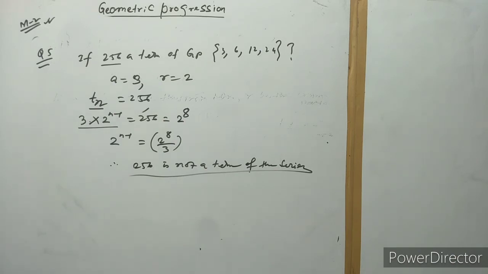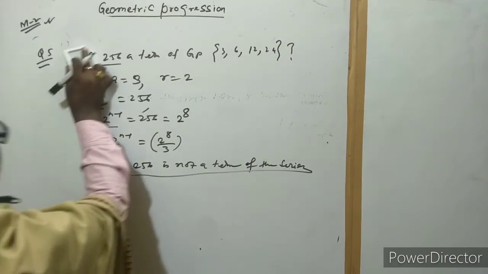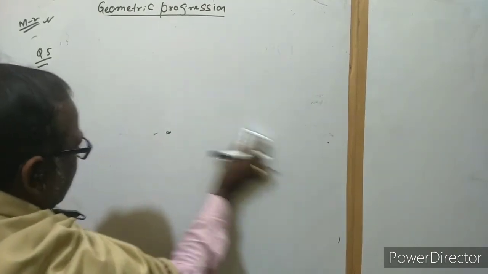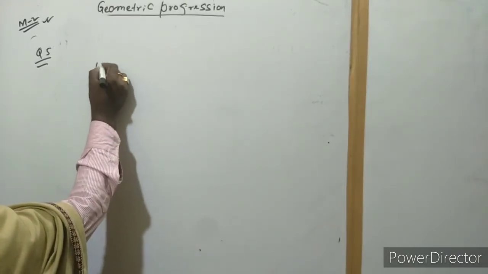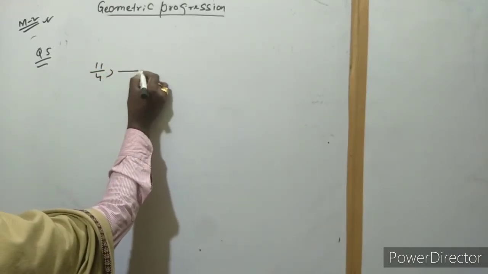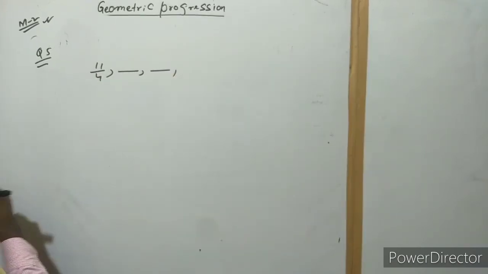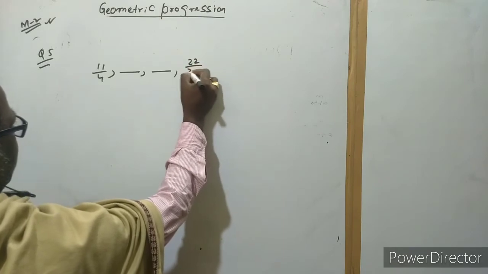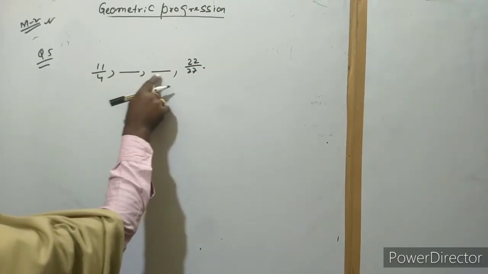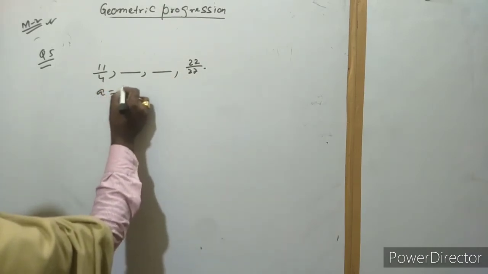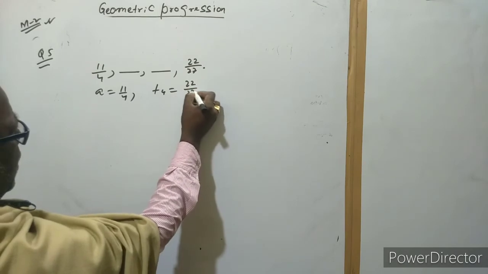Now fill in the blanks in question number 6: 11 by 4, two blanks, and 22 by 7. A very simple question. This is first, this is second, this is third and fourth. We have 11 by 4 here, and T4 is 22 by 7.